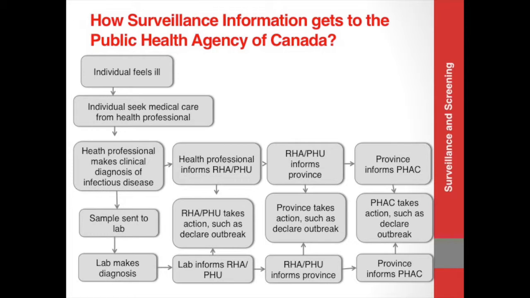After this, the sample is sent to the lab, which makes a diagnosis and then informs the health authority. The health authority reports to the province, and the province informs the public health agency. On the other hand, the health professional also makes a separate report to the regional health authority, which informs the province, and then the report lands at the public health agency.